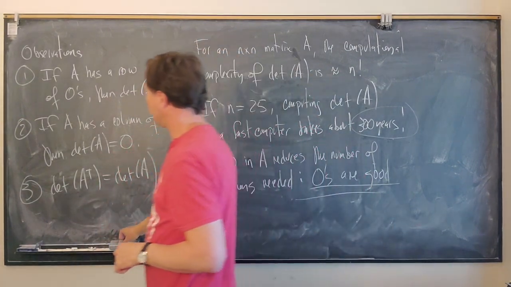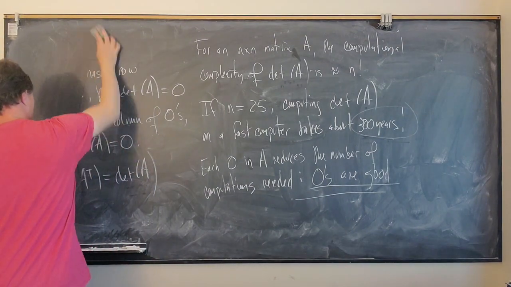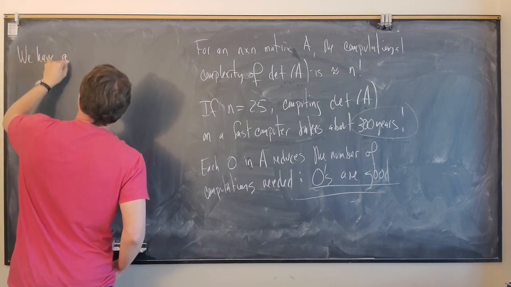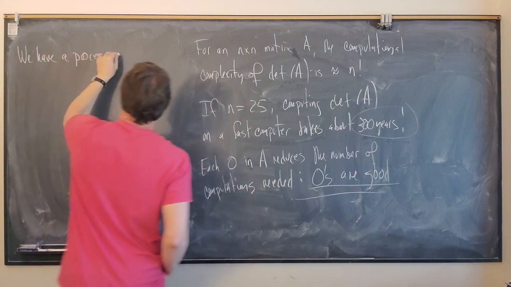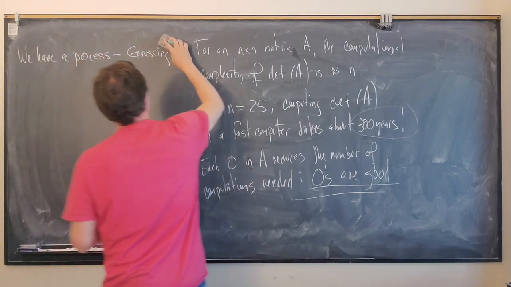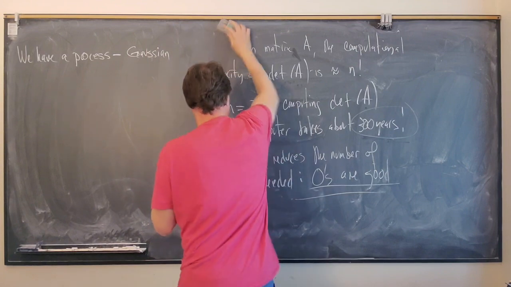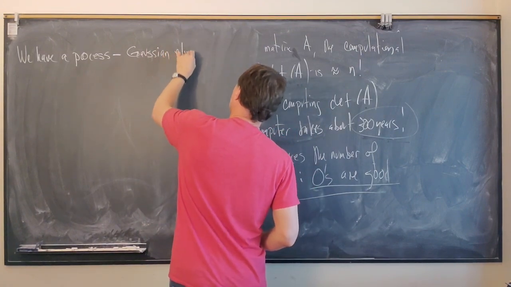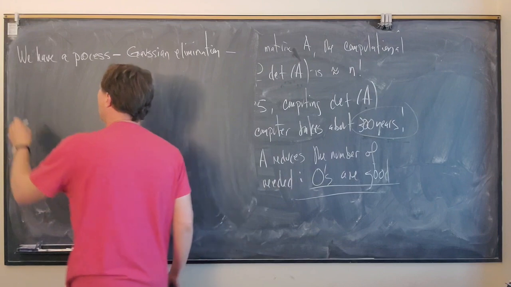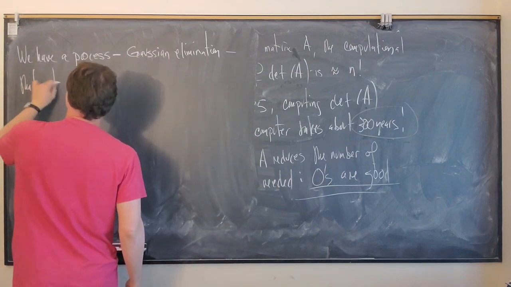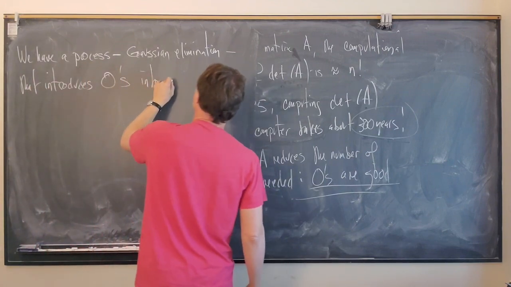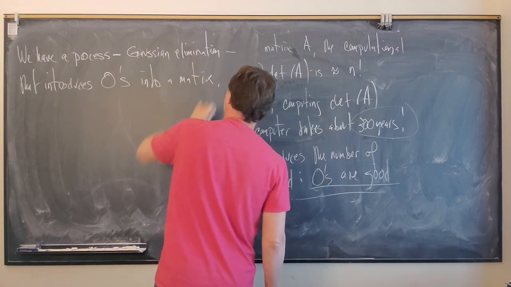That process, Gaussian elimination, introduces zeros into a matrix.